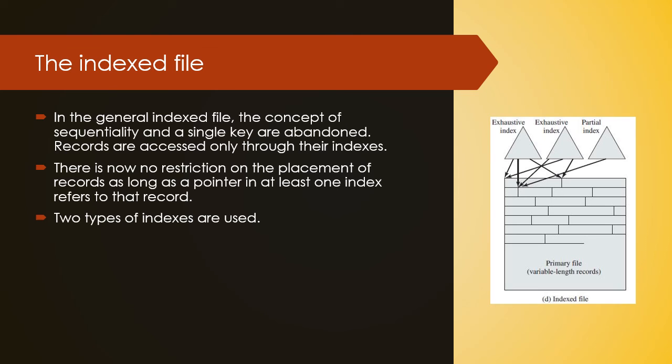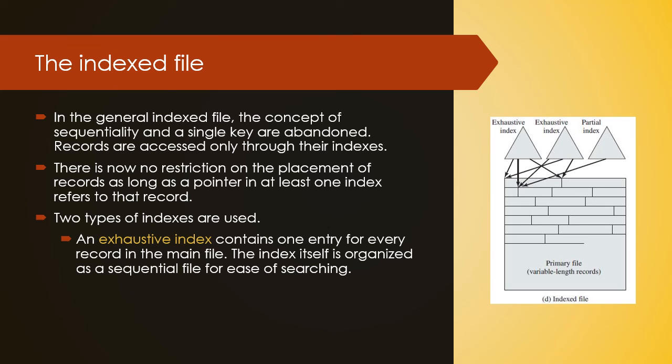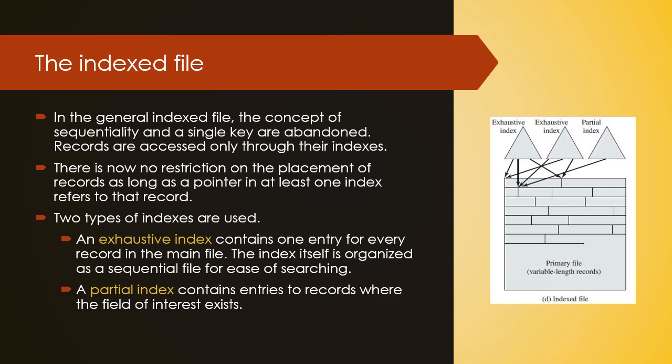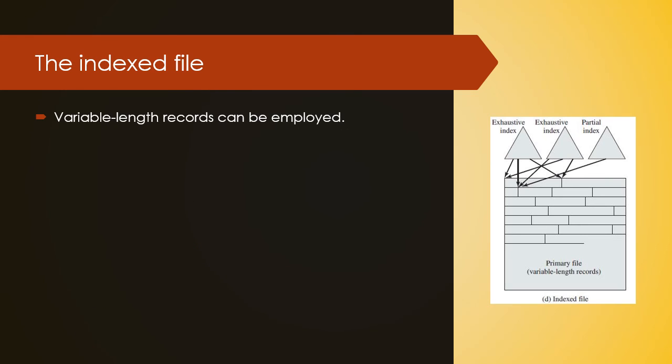Two types of indexes are used. An exhaustive index contains one entry for every record in the main file. The index itself is organized as a sequential file for ease of searching. A partial index contains entries to records where the fields of interest lie.